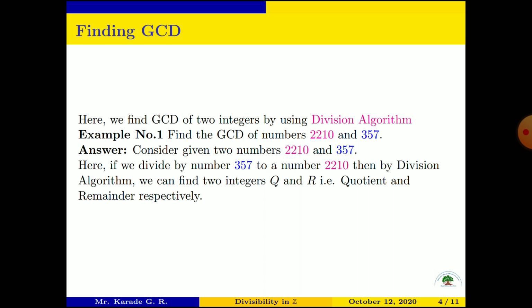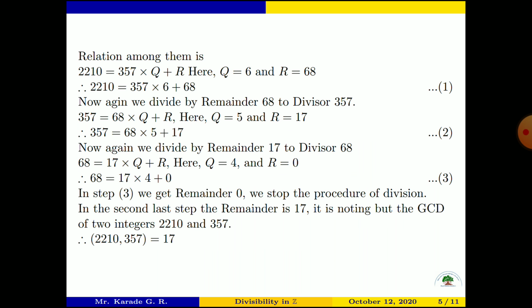and we know the relation between quotient, remainder, dividend and divisor. So the relation among them is 2210 is equal to 357 into quotient plus remainder.